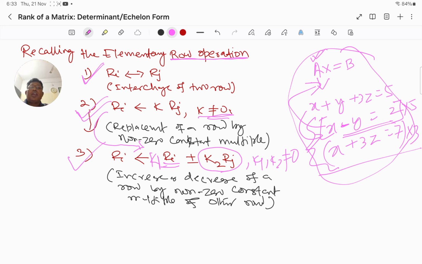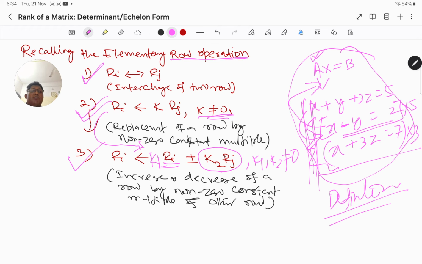Now the rank of the matrix is very fundamental and very important in linear algebra, starting from the concept of the consistency of the system: when the system possesses no solutions, infinite solutions, or a unique solution. So from the consistency of the system to the definiteness of the matrix or any higher applications of linear algebra, we use the rank of a matrix. It is one of the most important aspects in linear algebra.